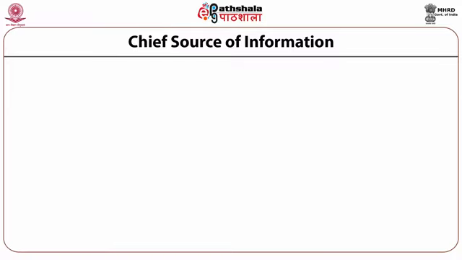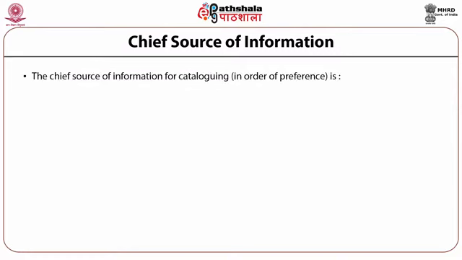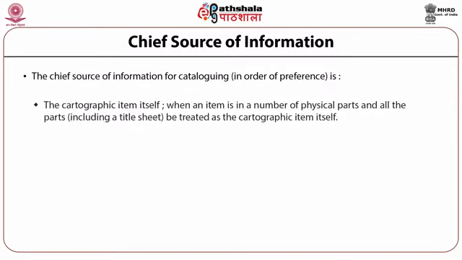Then what are the things to be given in the cataloging of the material? What is the source of information? From where will you get the information to catalog the materials? What is the chief source of information? As you all know, the title page is the chief source of information for a cataloger in case of printed books and journals. But in case of cartographic material, the chief source is the object itself.